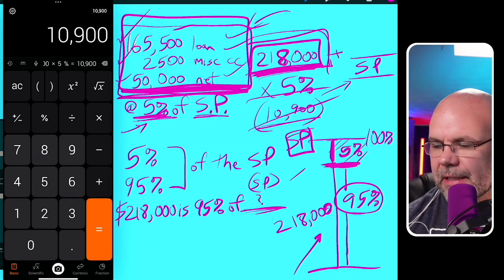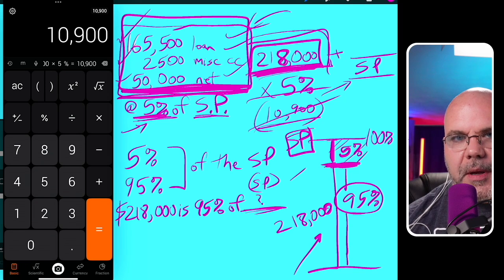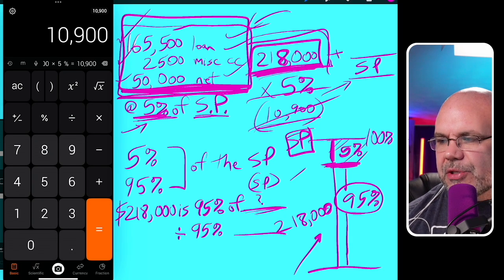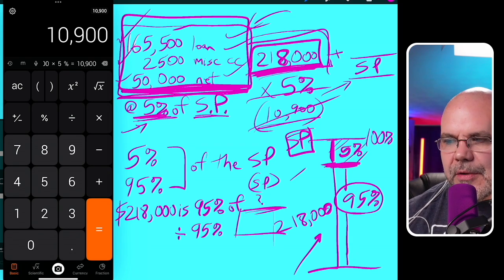So 218, now let's replace some words with some math symbols. 218 divided by, let's replace the word is with the divided by symbol, is 95% of this magical sales price number that we're trying to figure out.